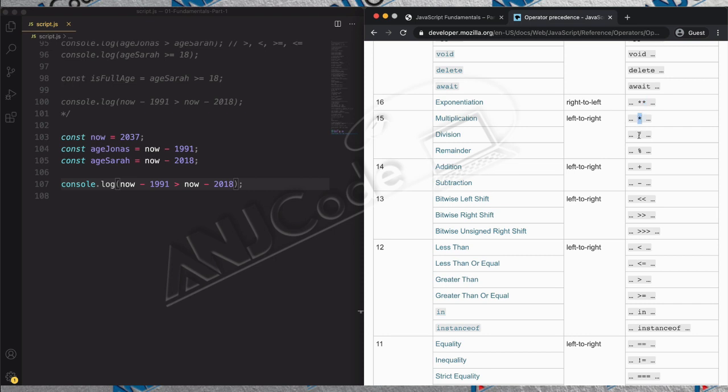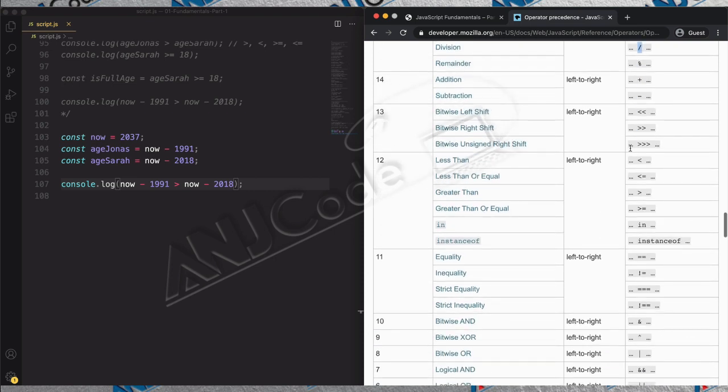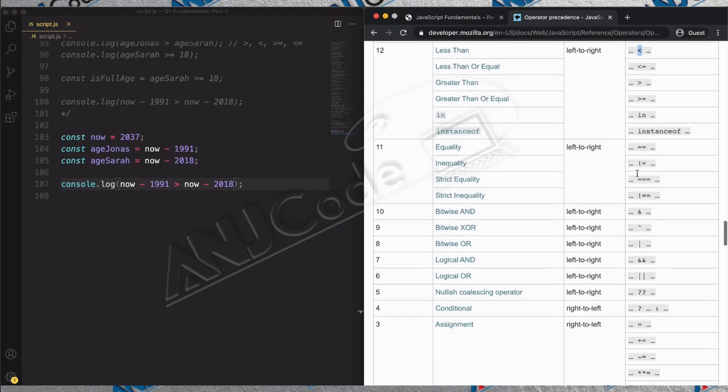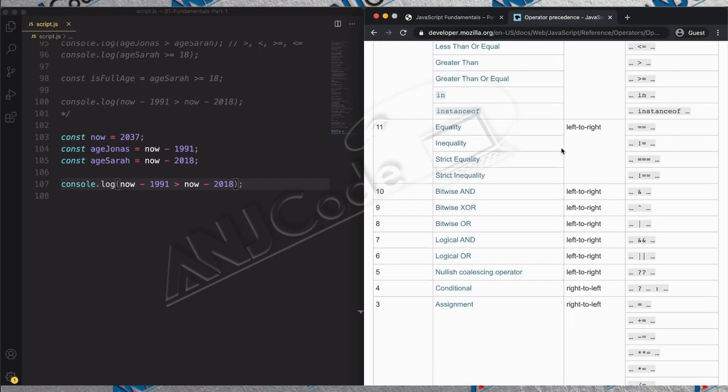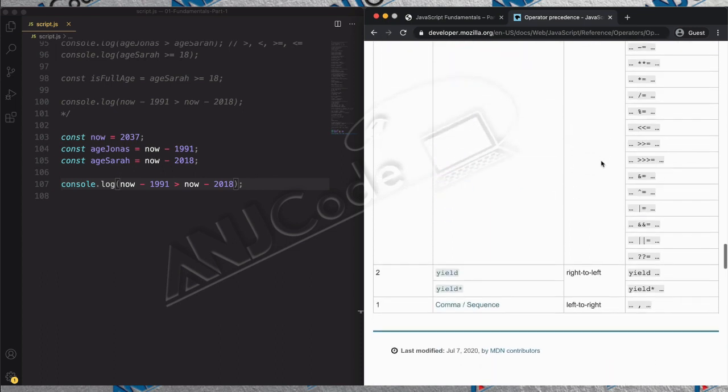We have all these math operators here. We have our comparison operators, right? We have some other equality operators here, and a bunch of other operators. And this is actually a nice reference where you can see all the operators that exist in JavaScript in one handy table.